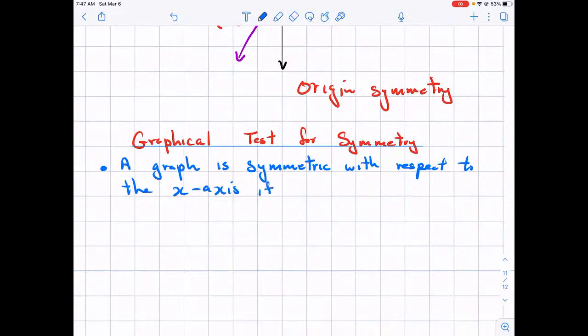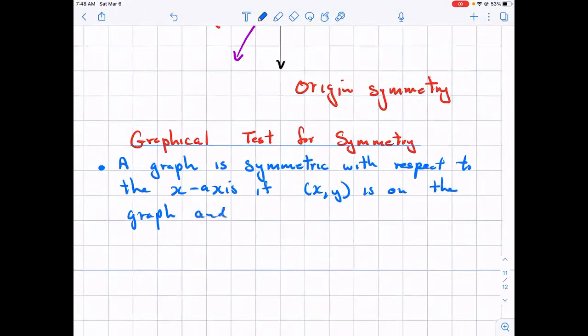if x comma y is on the graph and positive x comma minus y is also on the graph, because we're looking at x-axis.